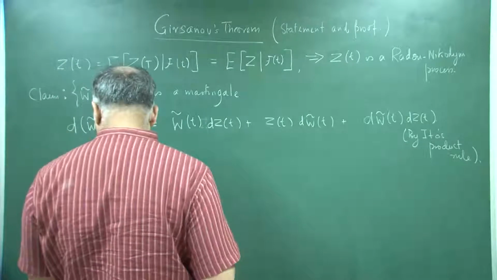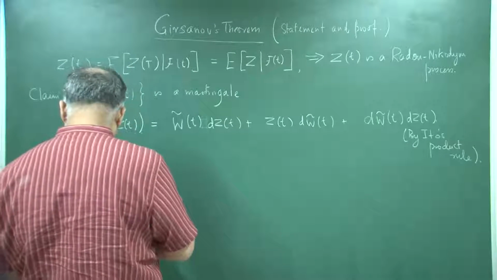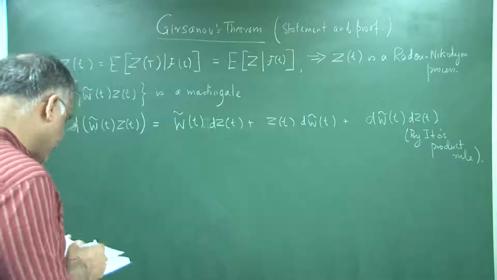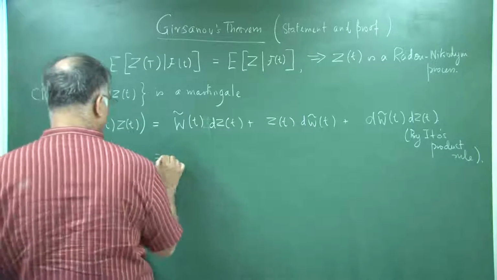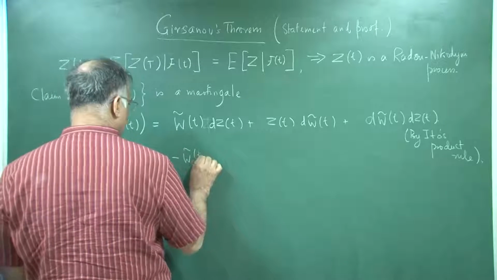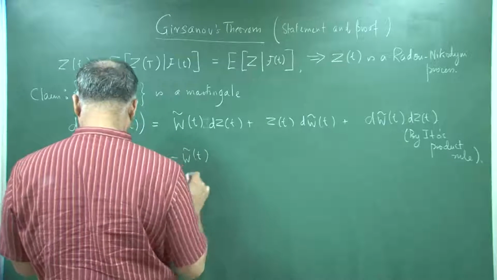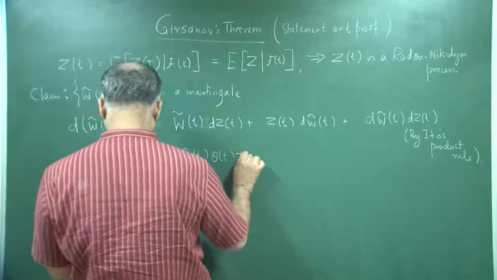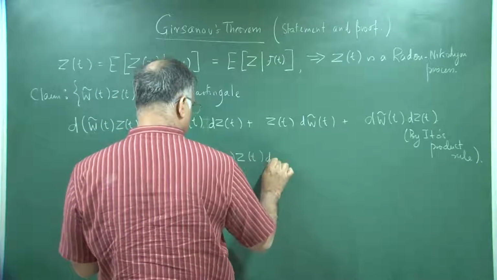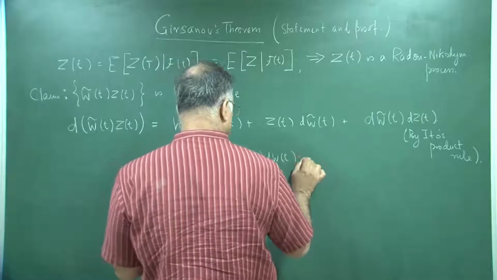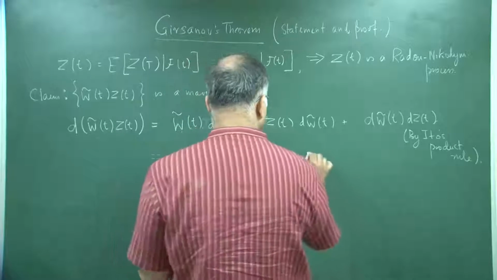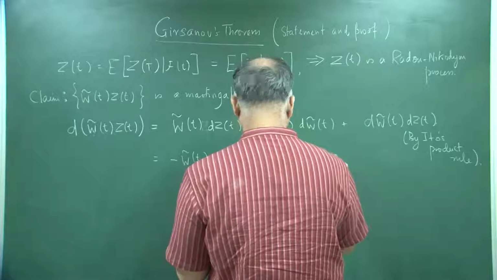So you write down what was dZt. You already knew what was dZt. If you write down from the previous case, it will become minus theta t Zt dWt.